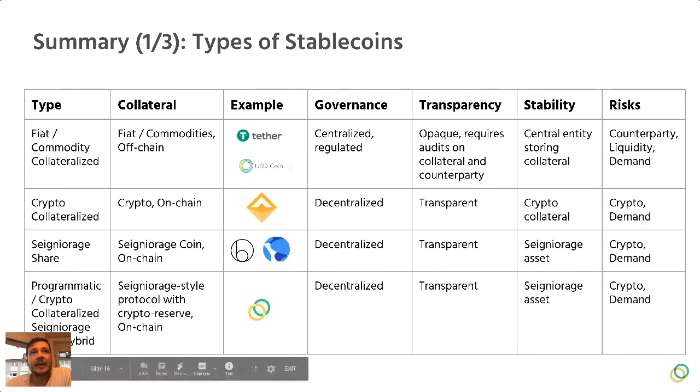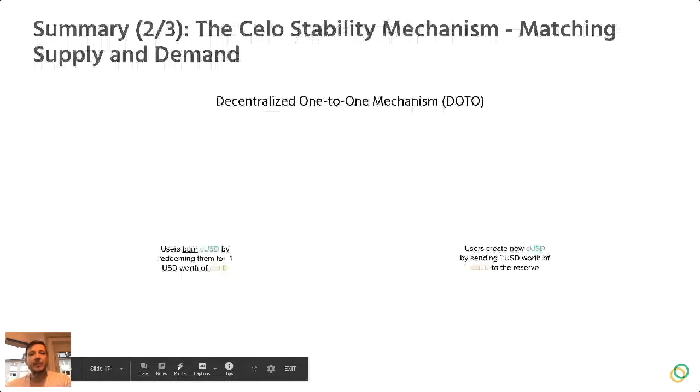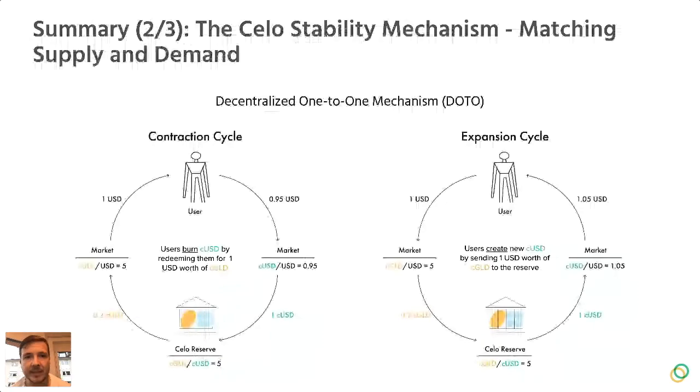Then in the second talk of the series, we looked a bit deeper into the Celo stability mechanism, with its two assets: a supply-elastic stable value asset, and a governance token, Celo Gold, which is a fixed supply variable value asset that takes up the volatility of the stable asset and creates incentive for every user to expand and contract the supply of stablecoin when demand varies.